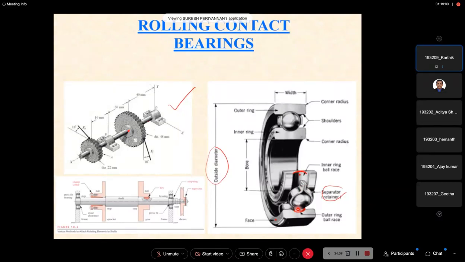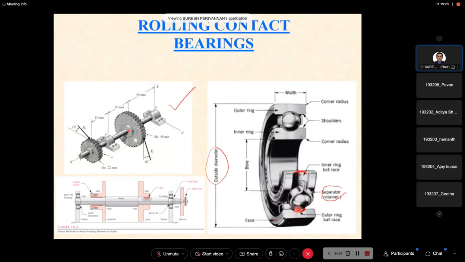Yes, you are correct, to prevent the sliding of balls. Why? Thank you, at least you are thinking and giving some answers. Any further points? Student: Prevent the orientation from the ring race. Yes, it prevents the orientation.